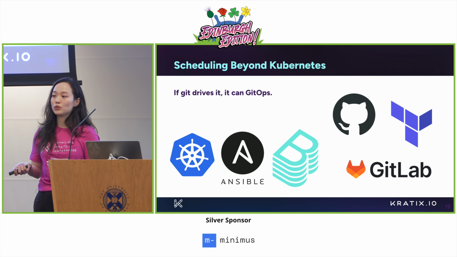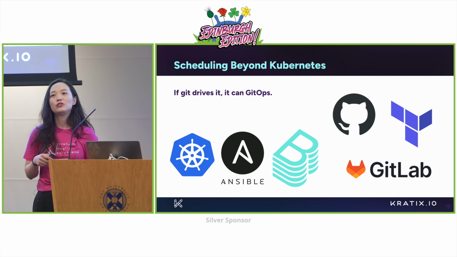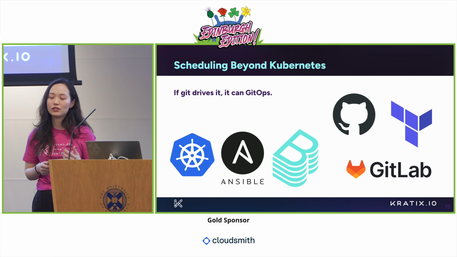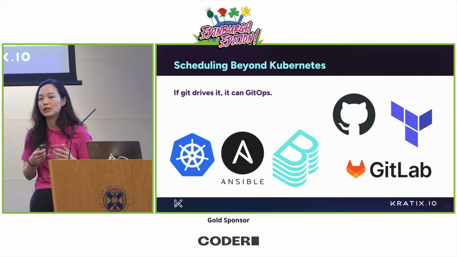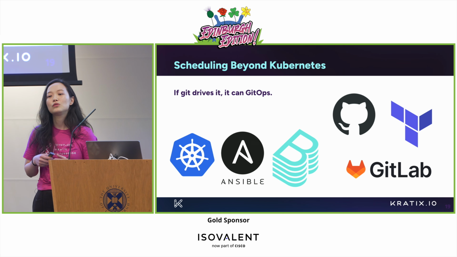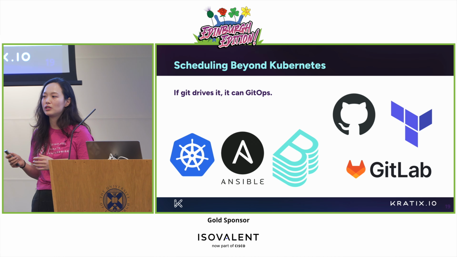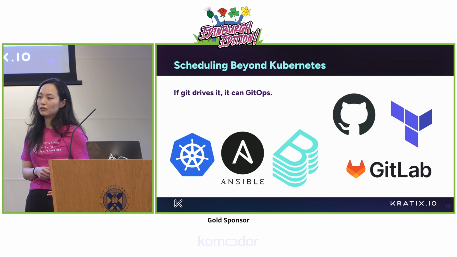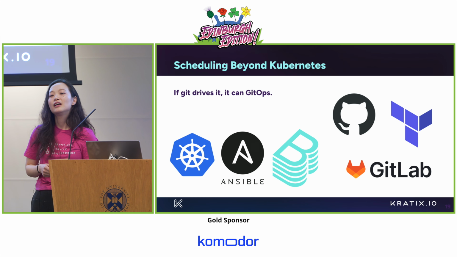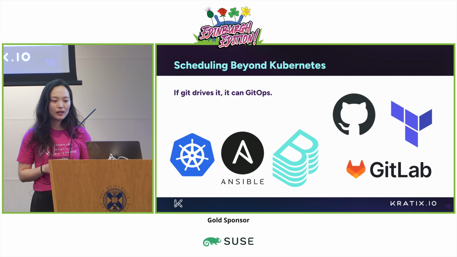So you can use those tools too. You can use GitOps agents that are pulling changes from your repo, like Flux and Argo. But at the same time, you can also have your CI/CD setup that reacts to pushes and commits to your GitHub repos, and then relies on CI pipelines to push out changes to the environment. They may look different in practice, but they achieve the same goal at the end of the day.